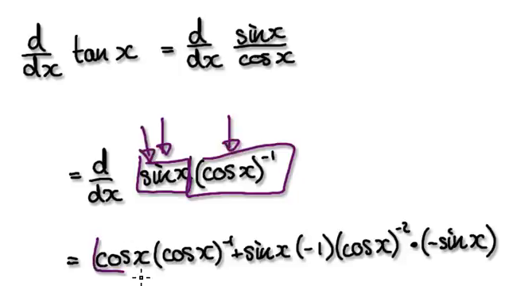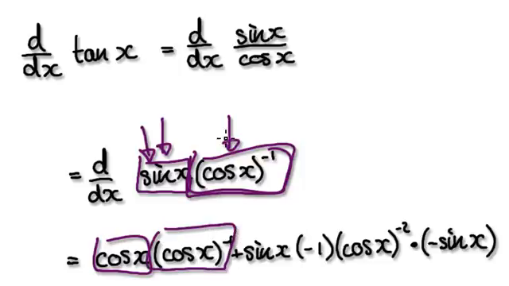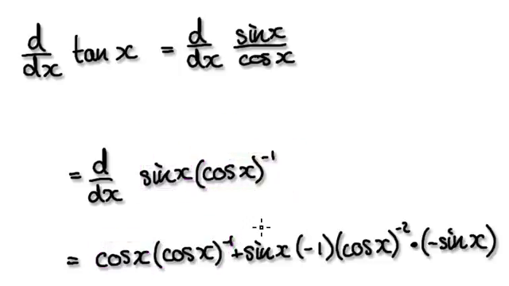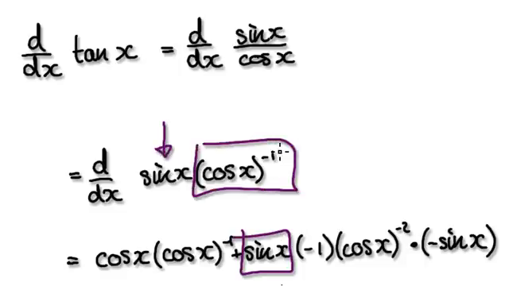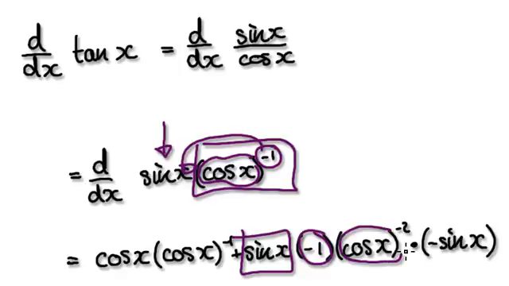When you differentiate this, it will give you this. Then the second part: leave this alone and differentiate this. That would be -1, the bubble stays intact, but the power gets minus 1.